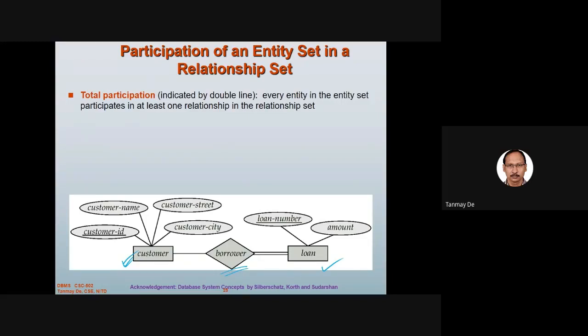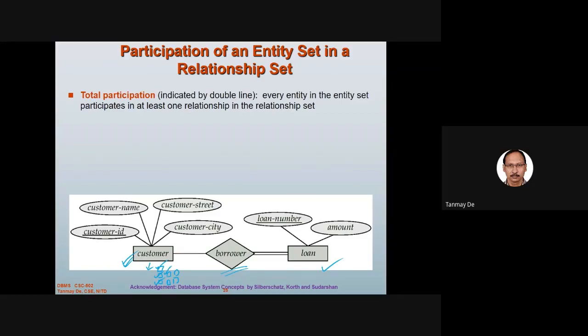That is, in the customer entity set, this is customer entity 1, customer entity 2, customer entity 3, customer entity 4, customer entity 5, 6, 7, and so on. Suppose this customer has a loan, that means this customer entity participates. This one is taking a loan, this one also.